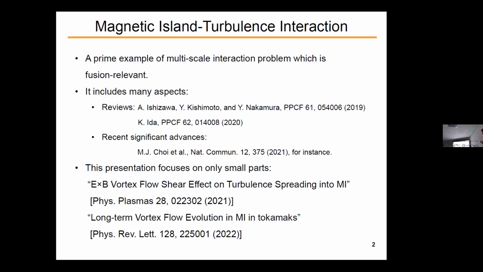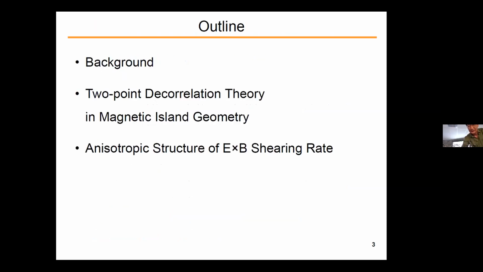This presentation focuses only on a small part of various physics issues, and these are two main references. I'll give you some long background of this study, and probably I will skip the second part, the theoretical methodology, because of time limits, and I'll explain the main results.